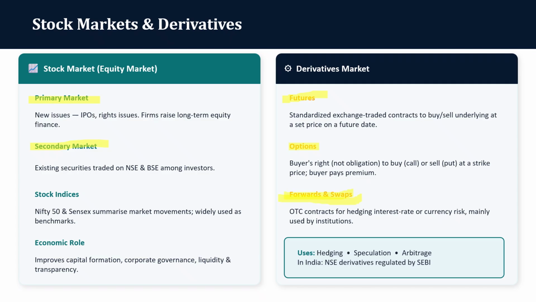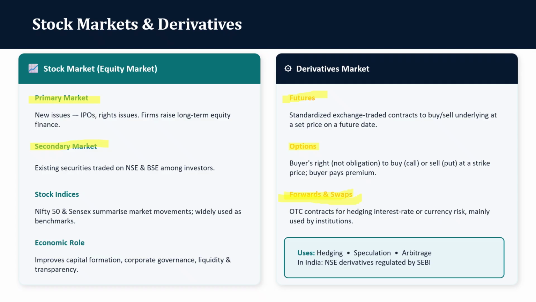A future is a standardized contract traded on an exchange to buy or sell an underlying asset at a specified price on a future date. Both parties are obligated to fulfill the contract, and the exchange's clearing house reduces the counterparty risk.